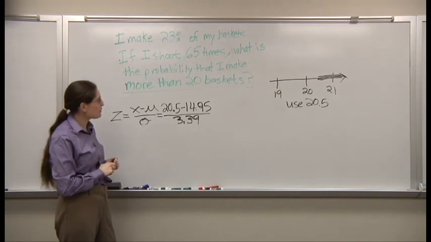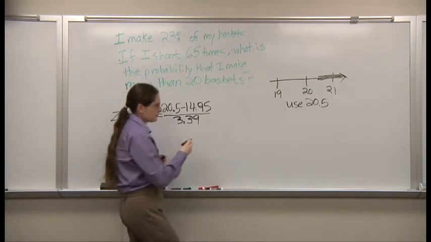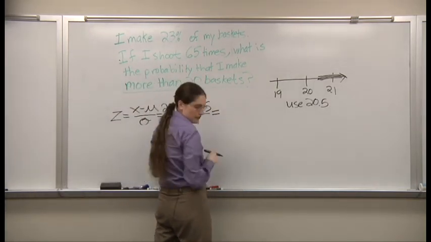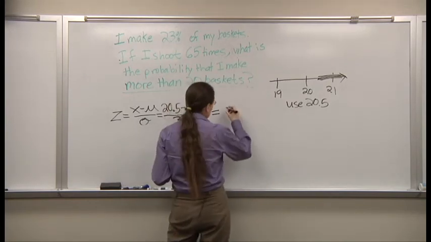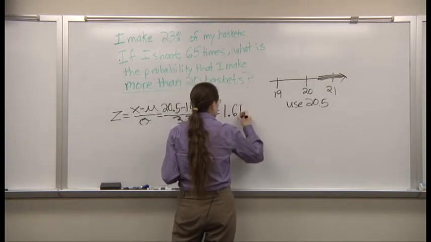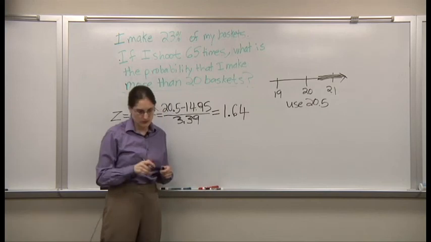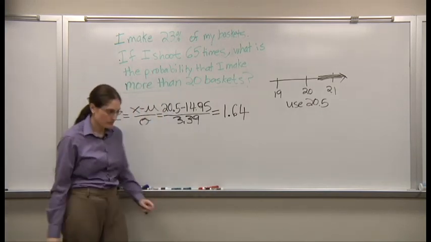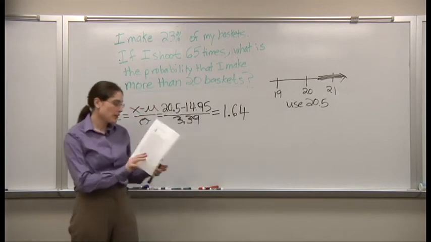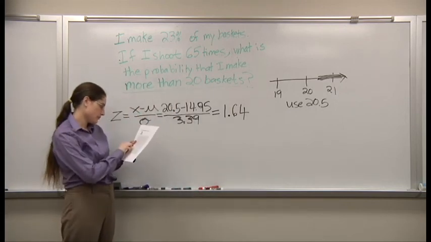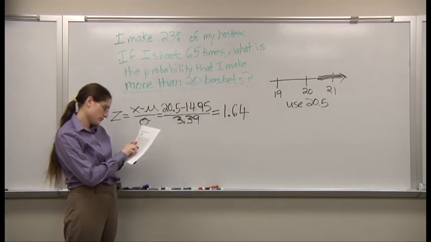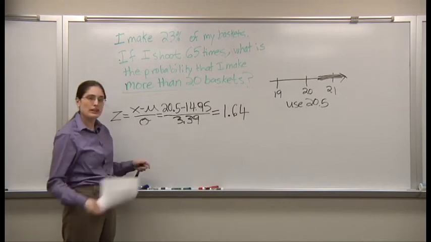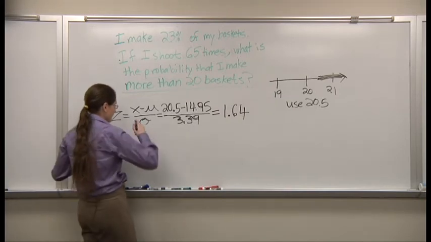Work that out. What do we get? 1.64. Not too bad, right? Look it up on the table. .9495.